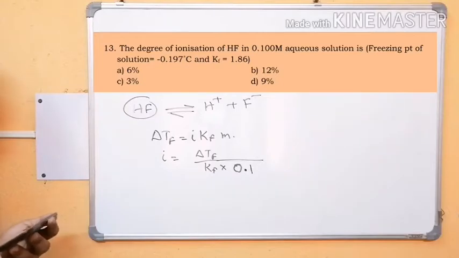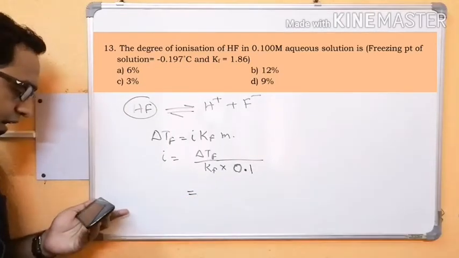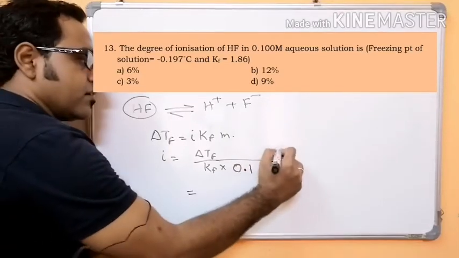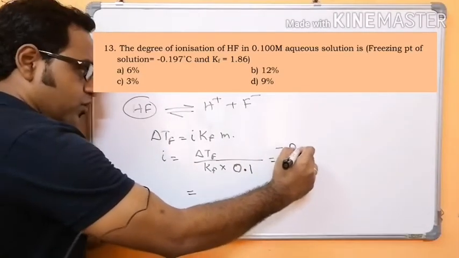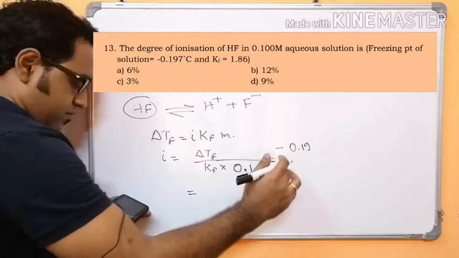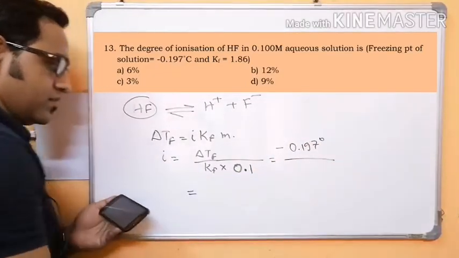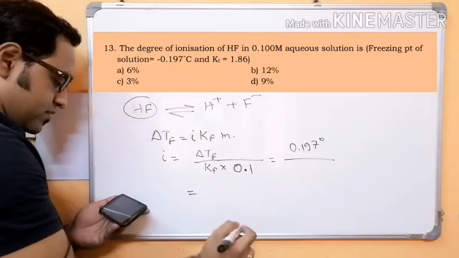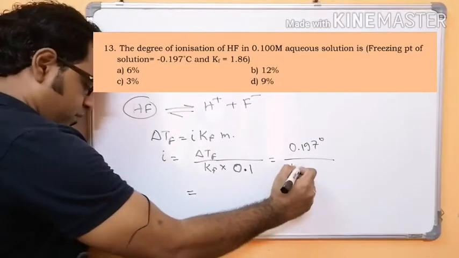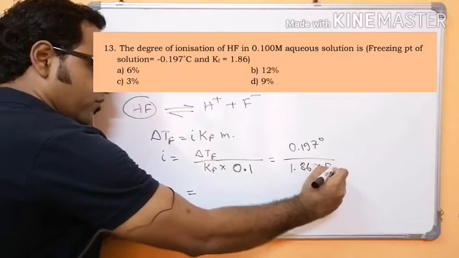Will be approximately the same. Now if you calculate, the value will be minus 0.19, so this will be plus, divided by 1.86 into 0.1.